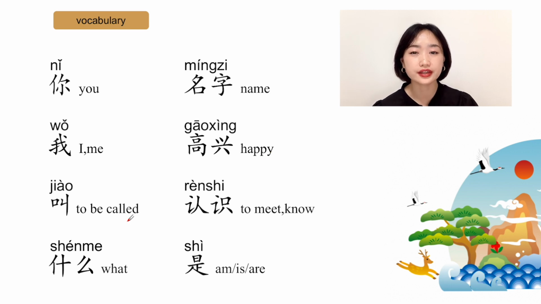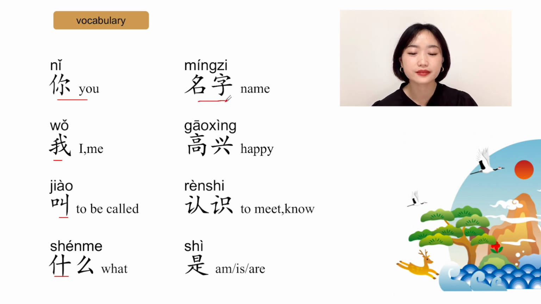And the vocabulary from the dialogue. First one, you. 你. And I, me. 我. To be called. 叫. What? 什么.